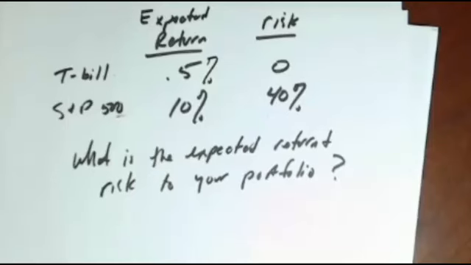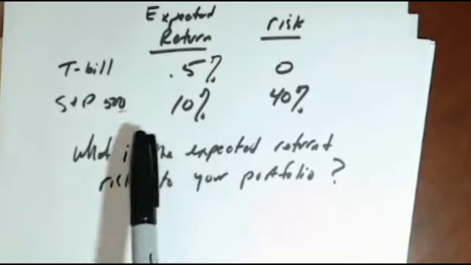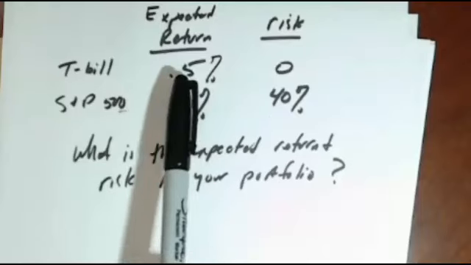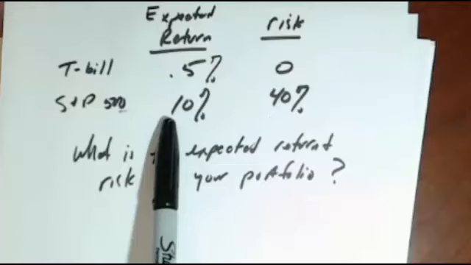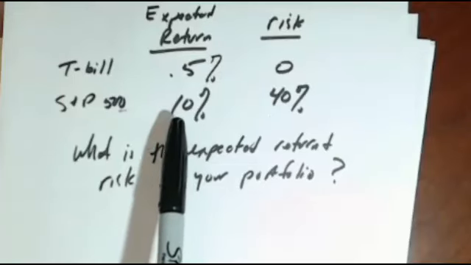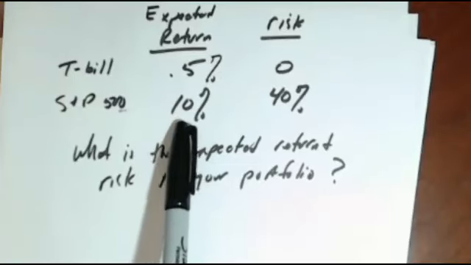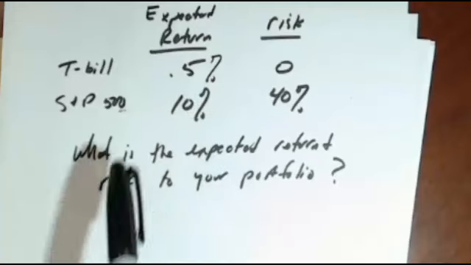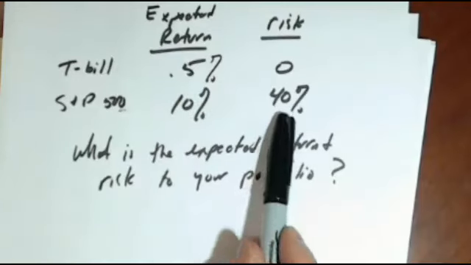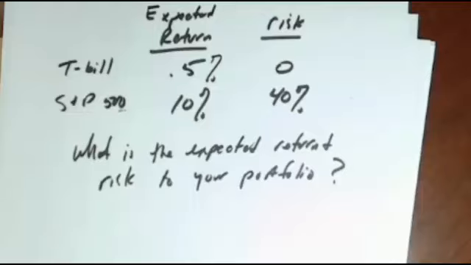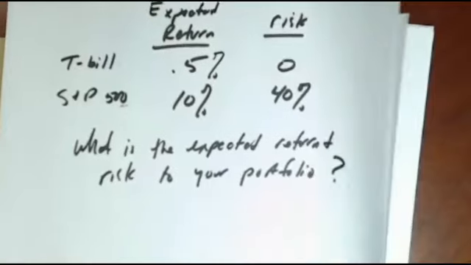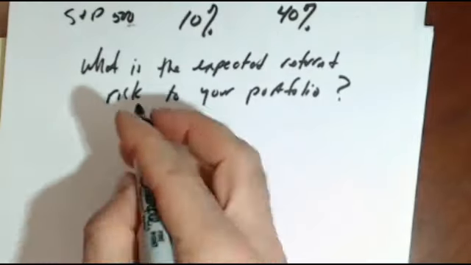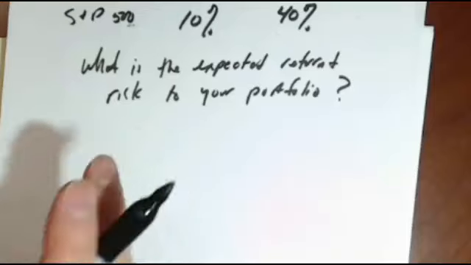Interest rates are very low, and the market doesn't have a very high expected return. People don't anticipate the market to do very well, and the market's quite volatile. So now the question is, what is the expected return or risk of your portfolio? Let's graph it out and look at it more closely when we get the answer.